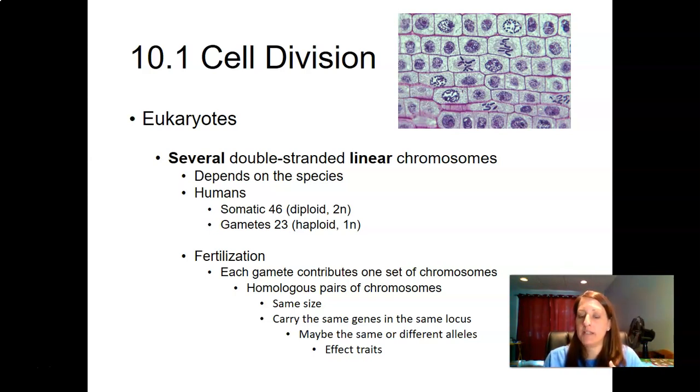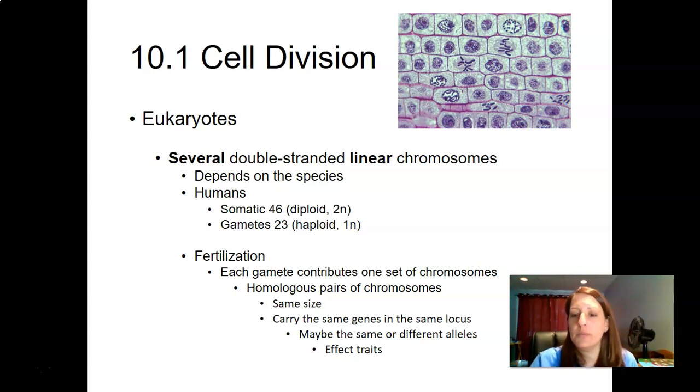So we say that our gametes are haploid, or 1N, and that number for humans is going to be 23 chromosomes. Remember again, upon fertilization, we have egg, 23 chromosomes, and sperm, 23 chromosomes. They come together, and we restore that number to 46, or 23 pairs of chromosomes.